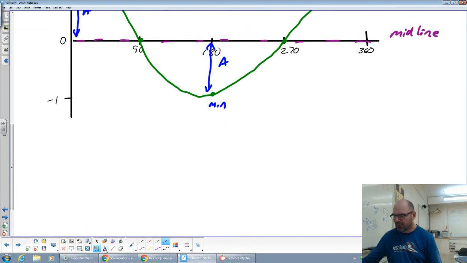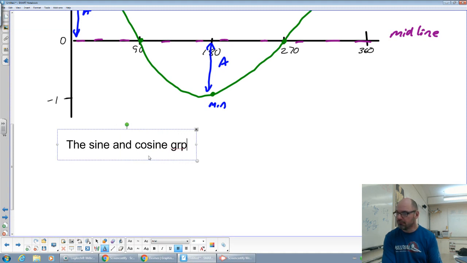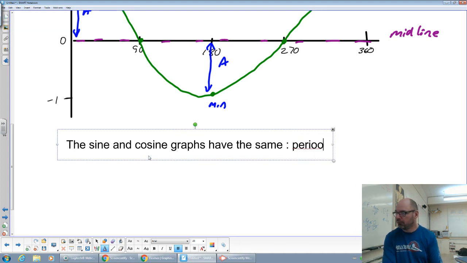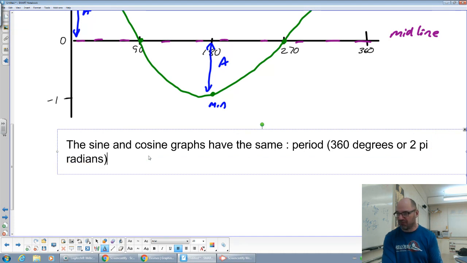So summarizing that here, the sine and cosine graphs have the same period, which is in our case 360 degrees or 2 pi radians. We'll do radians, which we haven't done very much of.